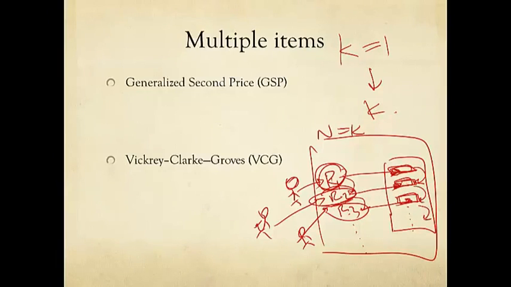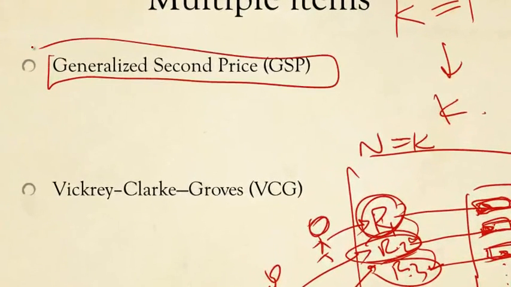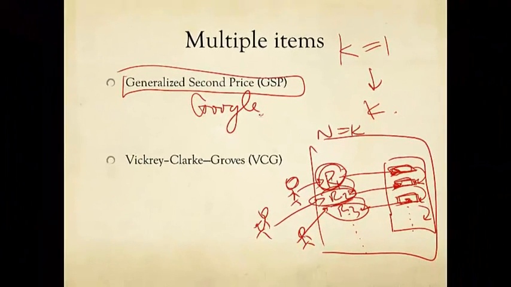And this generalizes the second price idea to multiple items, and we indeed give it an intuitive name, Generalized Second Price Auction, GSP. And this is the one used by Google. In fact, I think before Google, this one was not seriously considered by the auction research community. But since Google started doing that, people started analyzing it.